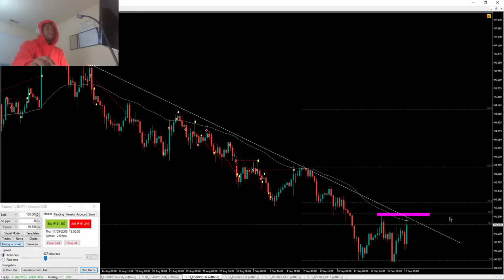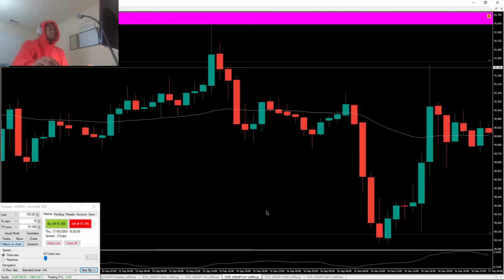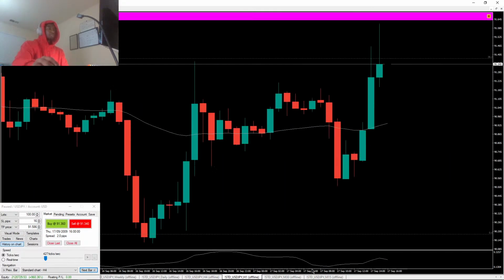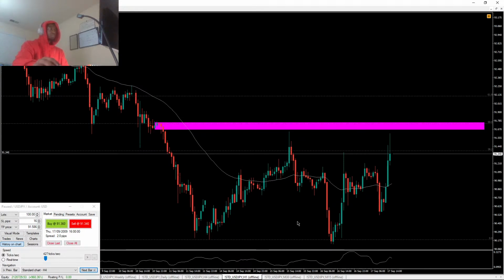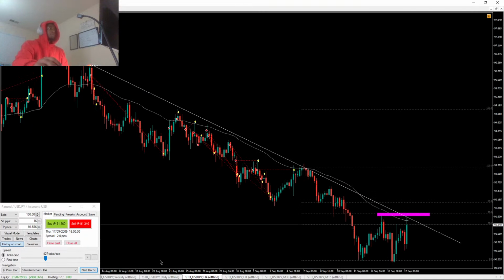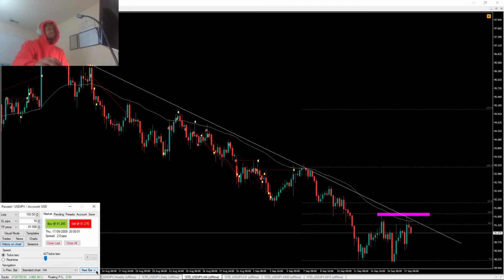Like with that much confluence at the level, I'm gonna have to make this more exact. So yeah, it's still a little bit higher. Next candle. Oh, what a shame.